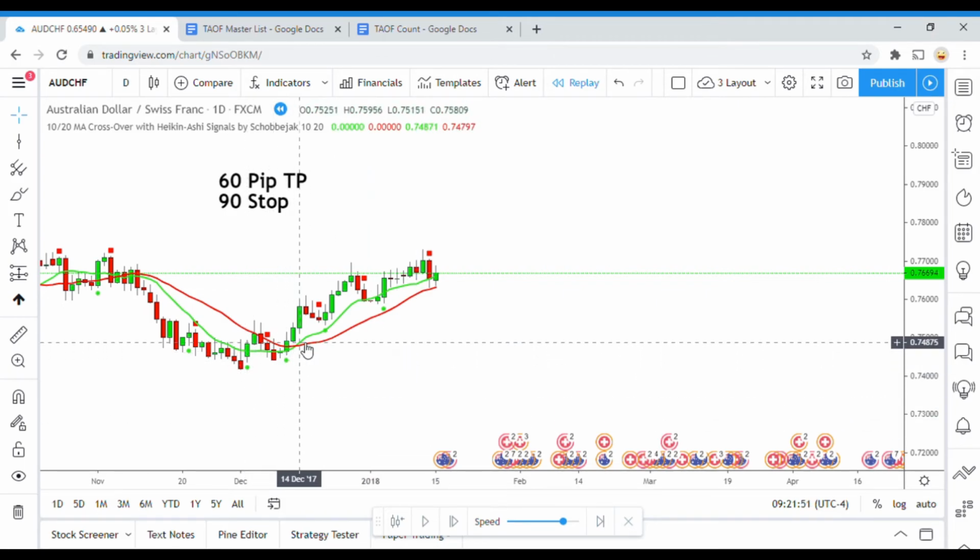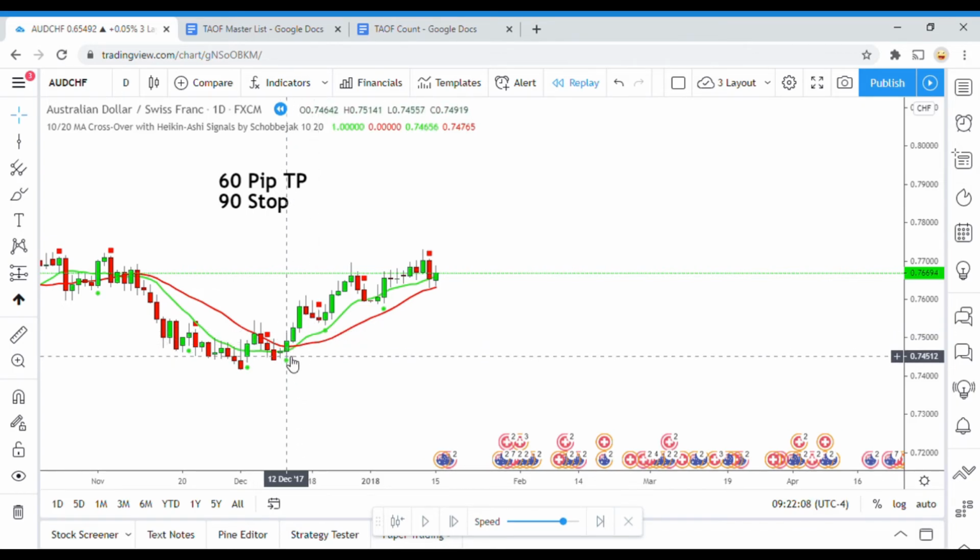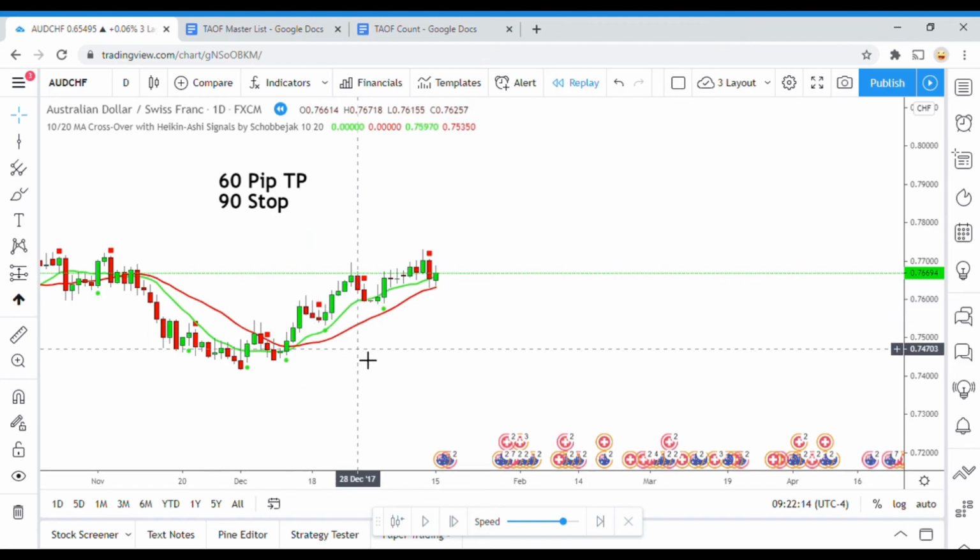Okay, so the creator also said that not only should there be a green dot with the green line above the red, but the candles should have broken up above these lines relatively recently.